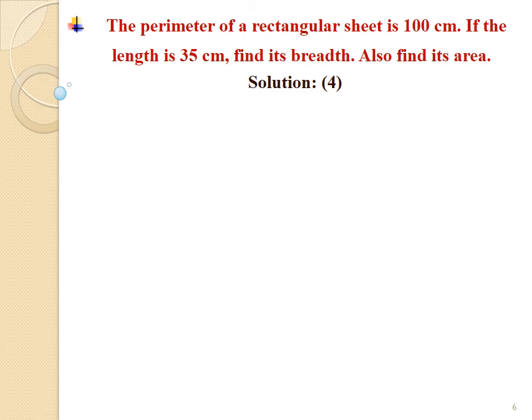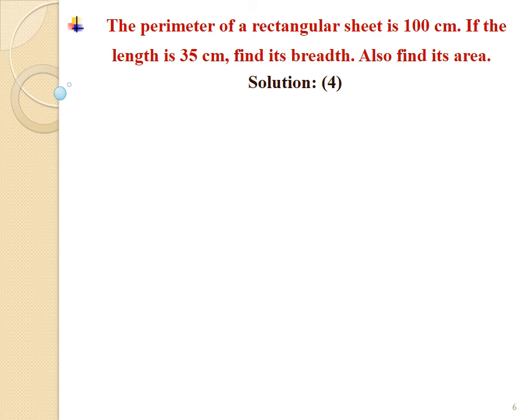So in order to find the breadth, we have to use the formula of perimeter of a rectangle, and we have to use transposition in order to find breadth. So, let us solve question number 4.